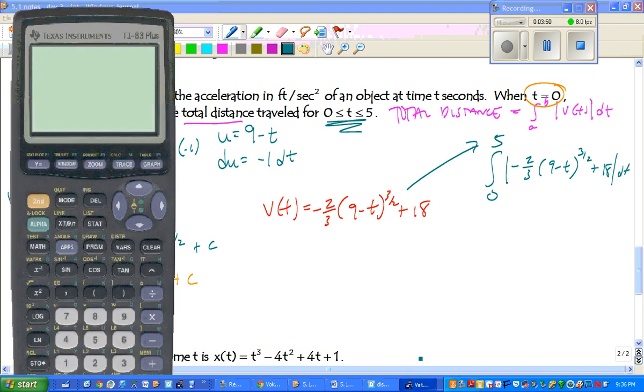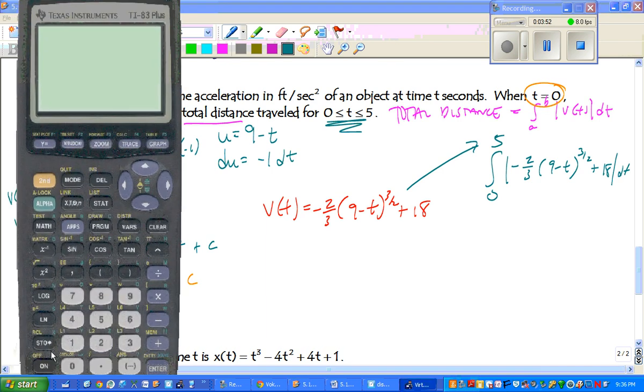So in our calculator, it's kind of a lot to put in there. We're doing math 9, and then math, move it over 1 to NUM, and we're doing absolute value. Negative 2/3. So I'm going to put the negative 2/3 in parentheses.